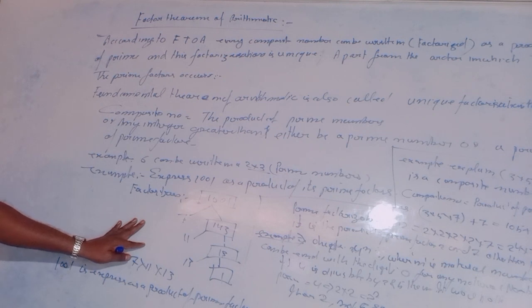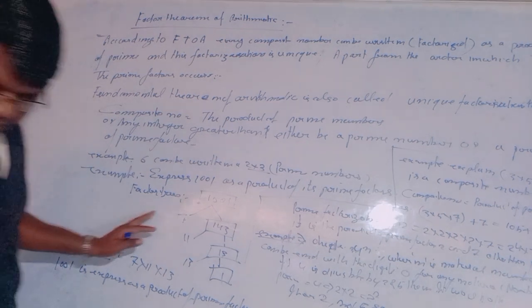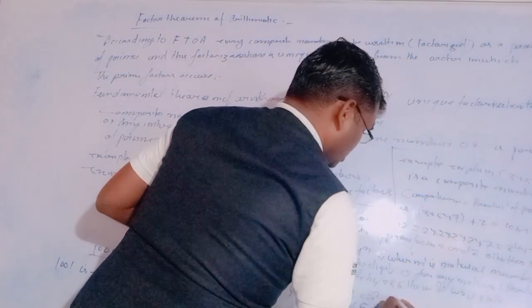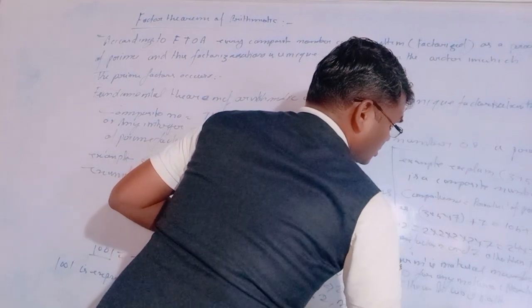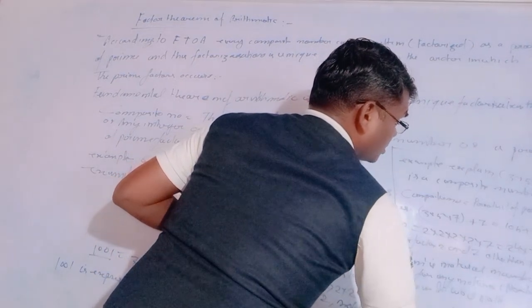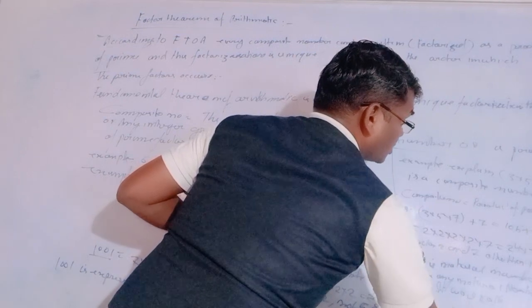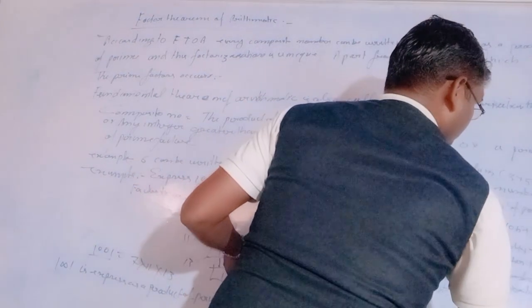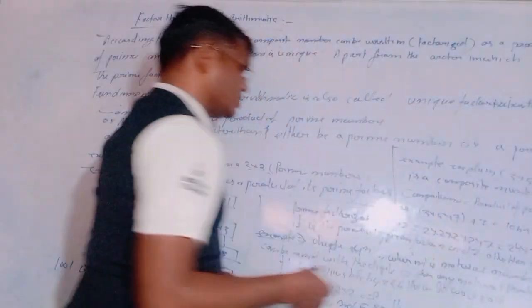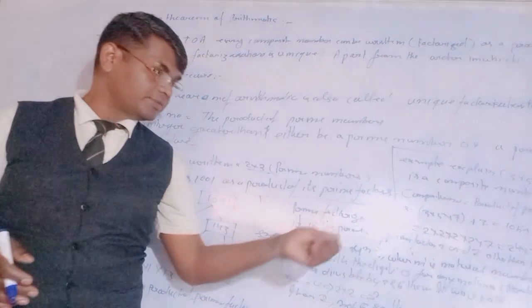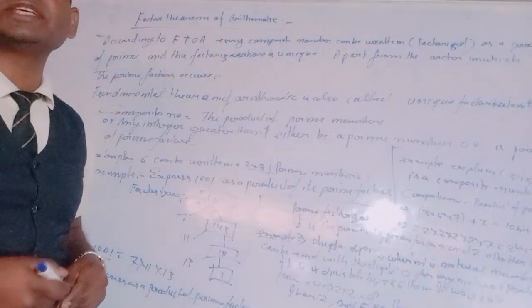Hence there is no natural number n for which 4 power n ends with 0. So the second question we have solved; we can solve these types of questions this way.